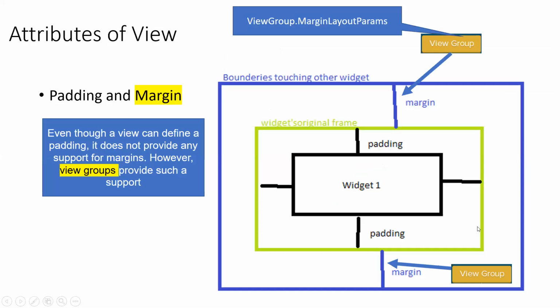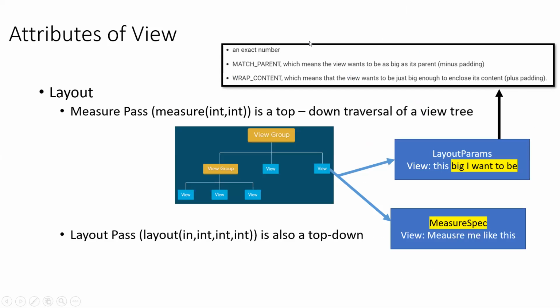Here we also saw something called margin layout params, and a similar class over here is layout params. The layout params class is used by the view to specify something to the parent of a view: hey parent, I want this to be big.